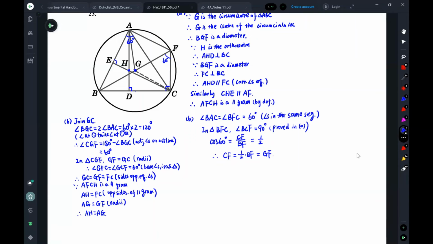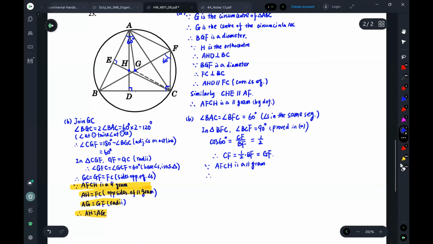Now we also know CF basically here. Now I'm going to write the highlighted arguments again. That is because AFCH is a parallelogram.